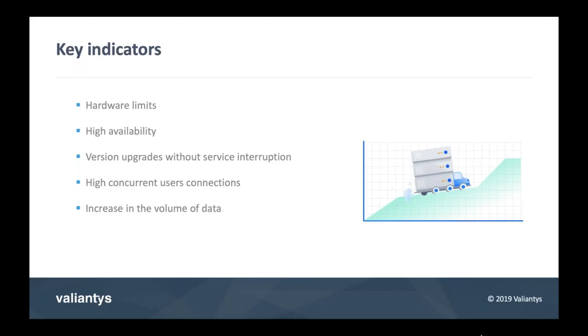Also, another key indicator is high concurrent user connections. Here we're talking about how many users you have at the same time on your application. Most clients, let's say they have a 1,000 user license, have around 1,000 users using the application, but at the same time they would have a peak of 100, 200.